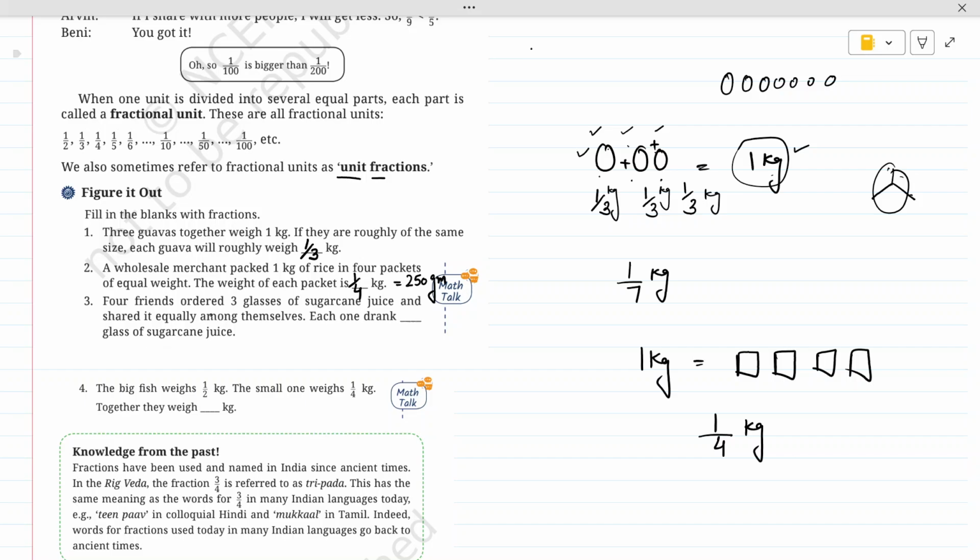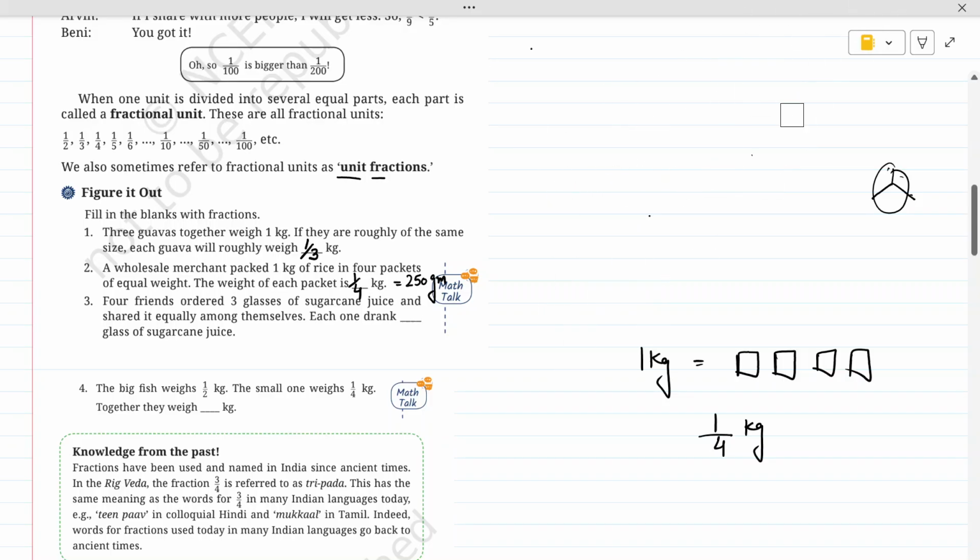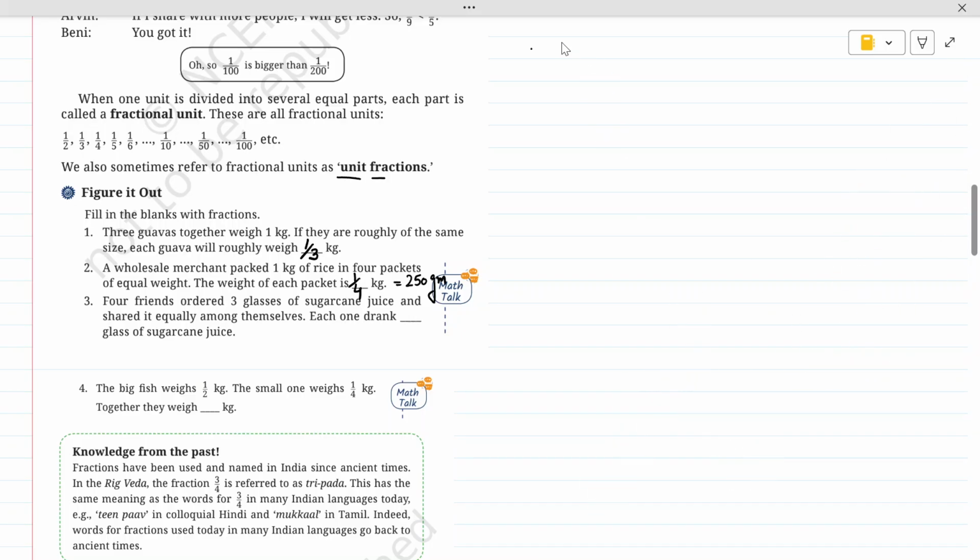Okay, next, four friends ordered 3 glasses of sugarcane juice. So this is the case where we have four friends and they are ordering 3 glasses of juice and they want to share it equally among themselves. Okay, so if they want to share equally among themselves, then how much share they will get?